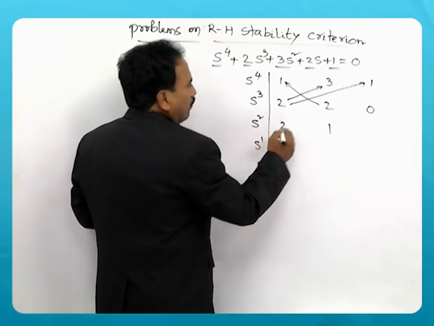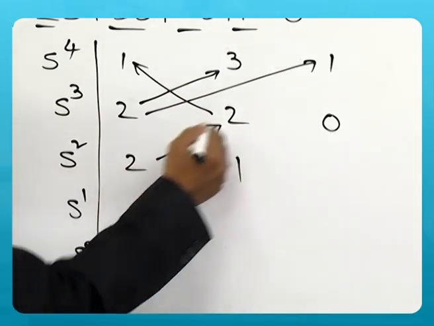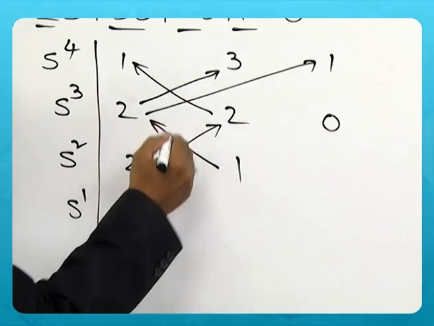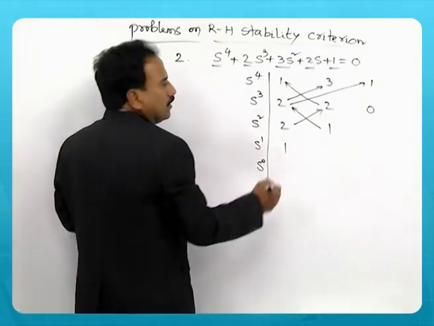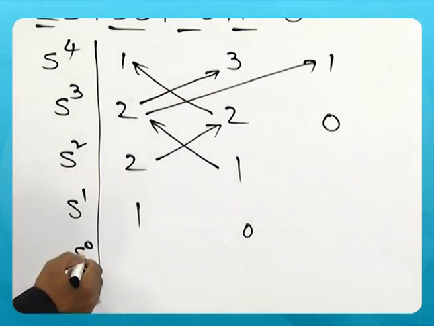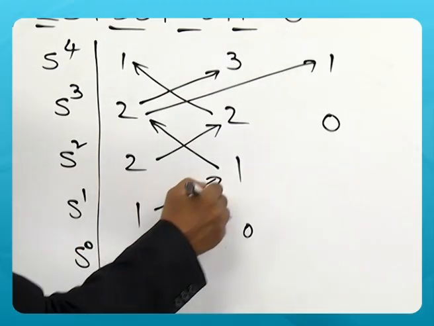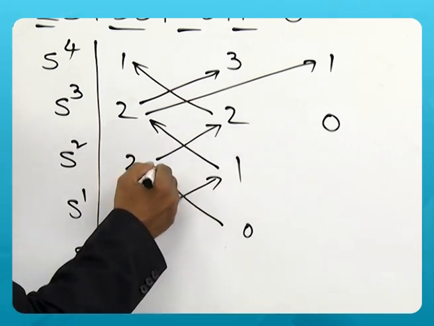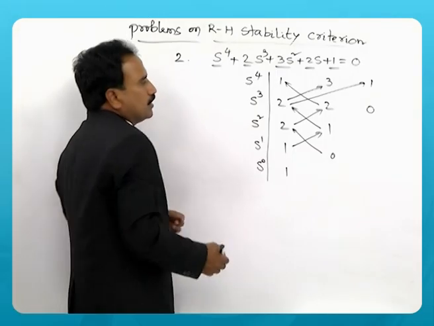Now, s power 1 row: product of these two, 4 minus 2, 2 by 2, 1, and this is anyway 0, and s power 0 is product of these two, 1 minus 0 by 1, so it is 1.